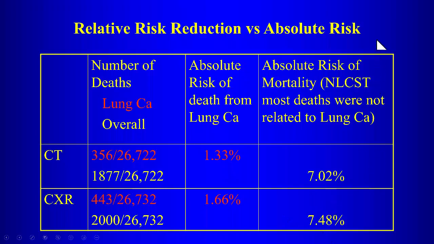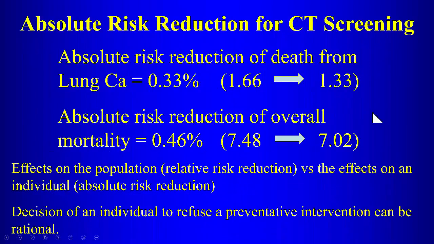So that is the real difference between absolute risk versus relative risk, which we talk about a lot. The relative risk may go down by 20%, but the absolute risk actually goes down by a much smaller number.